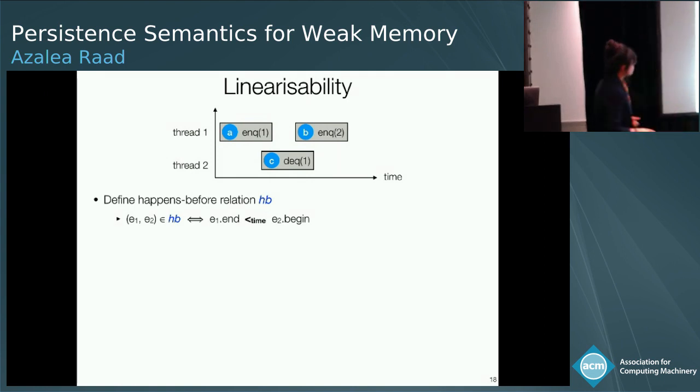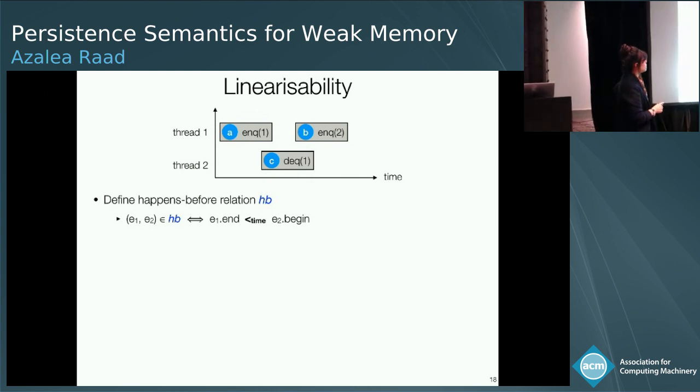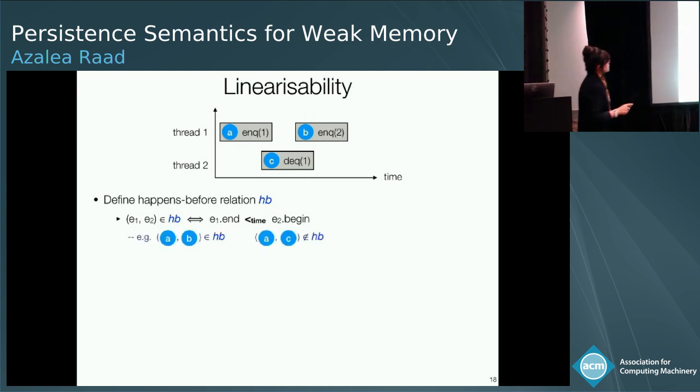One standard way of defining this is to say that E1 happens before E2 if it ends in real time before the second one begins. For instance, in this example, A ends before B begins, so it happens before B, whereas A and C overlap in the sense that A ends after C has already started, so they're not happens-before related.